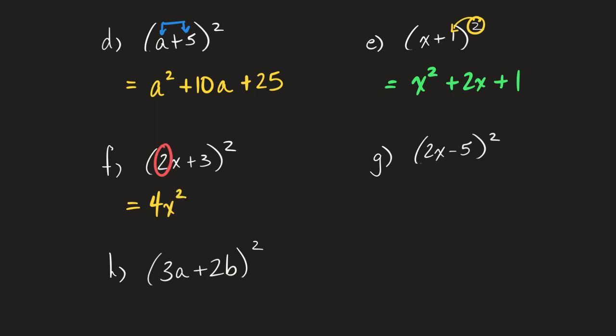If you went through and you said that your middle term was 6x, then we made a mistake in our algorithm. Can you please look back up to D and E? We made a mistake then, that you thought that you double the last number, the last term. We don't do that.